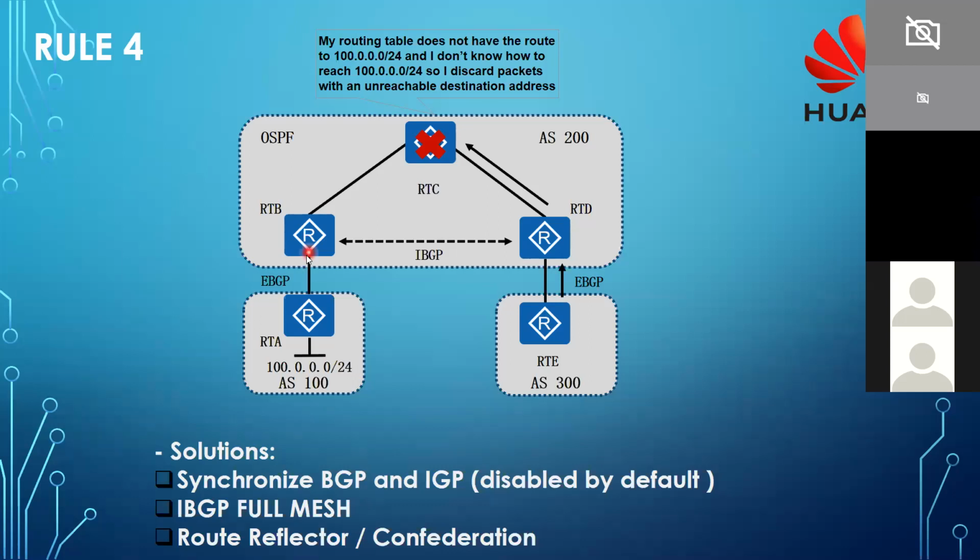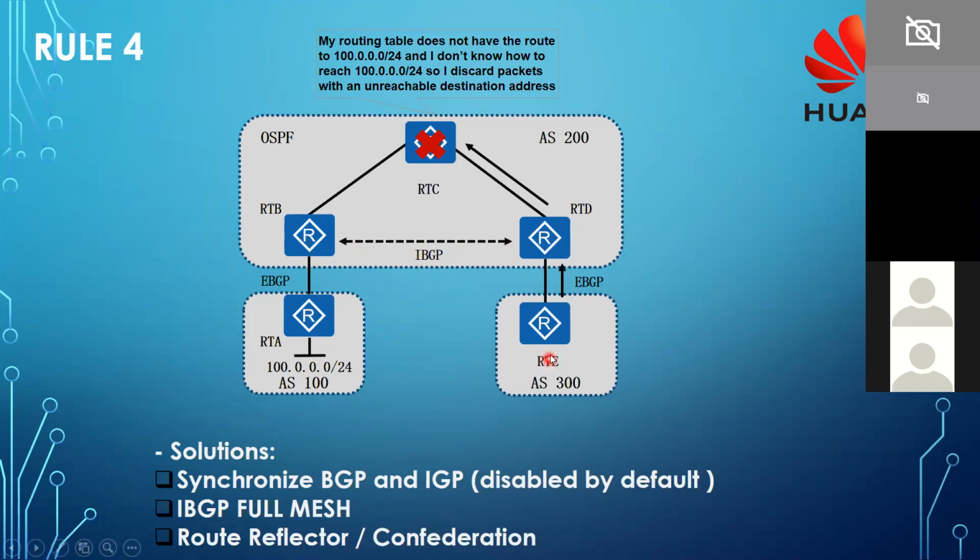And RTB will send it to RTD because we can advertise a route learned from eBGP to iBGP. When RTD receives the route, RTD will advertise it to RTE because we can advertise from iBGP to eBGP.